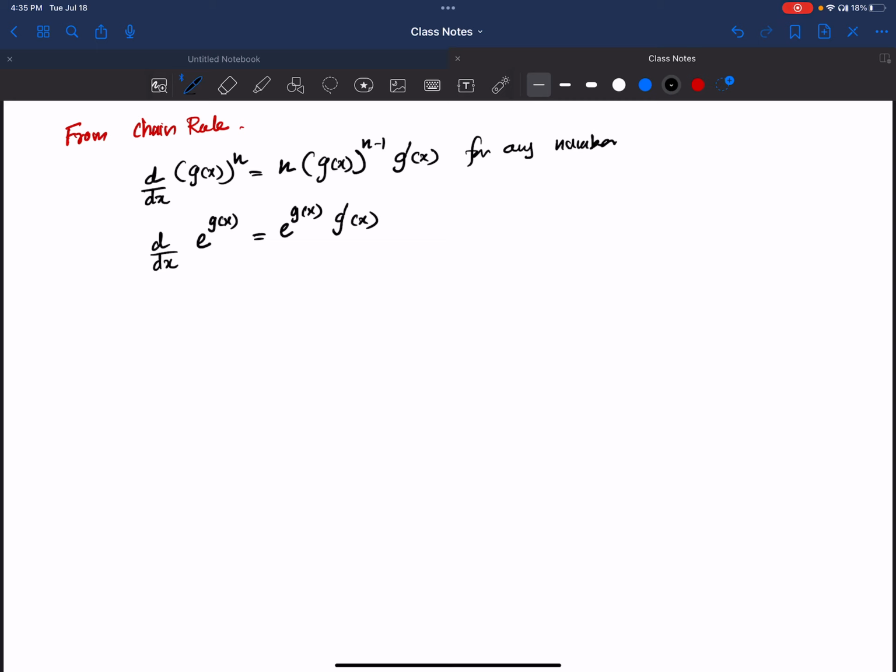So if I take this function, this is actually problem 3.23, problem 12, f of x equals e to the power x divided by x squared plus 1.